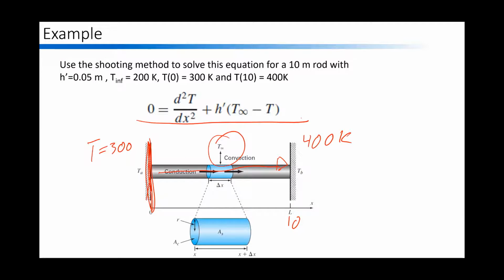In this case, the temperature profile along this conducting rod can be written as 0 equals the second derivative of temperature with respect to x, plus this heat transfer coefficient, h prime, times T infinity minus T, where T infinity is the temperature far away from that rod, so heat leaving by convection. So this is going to be our equation.